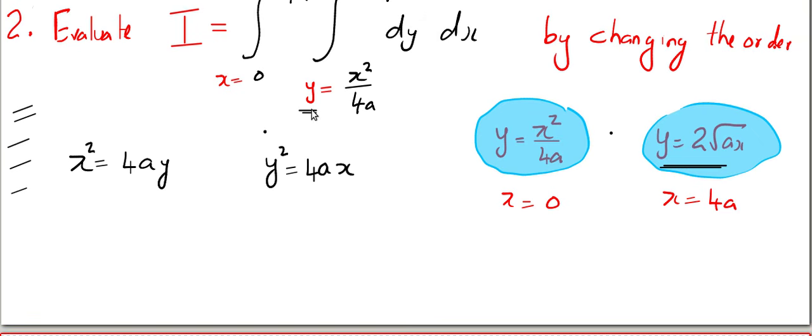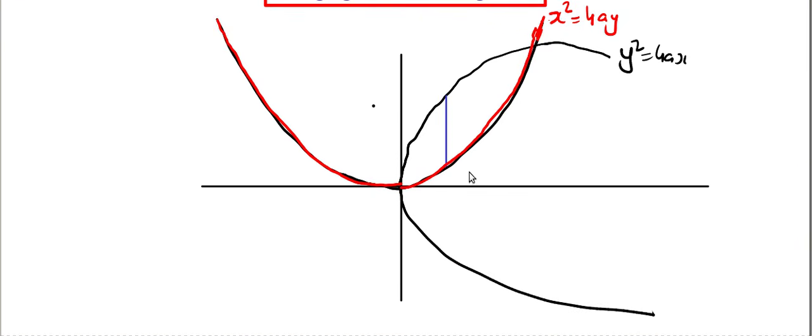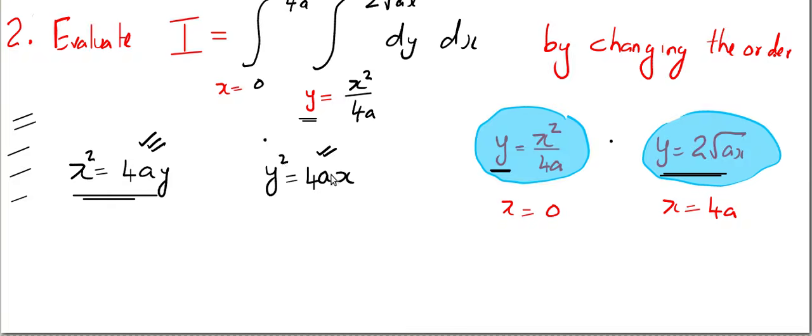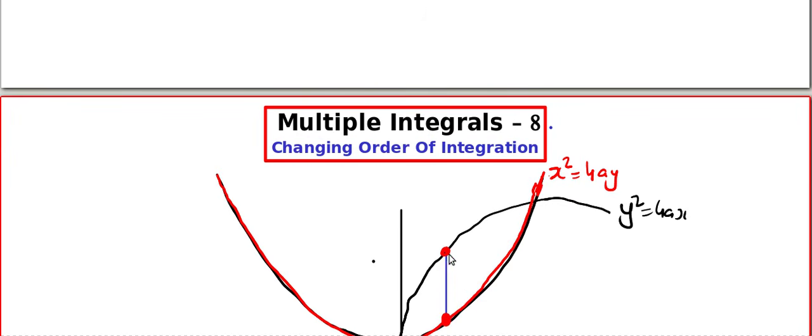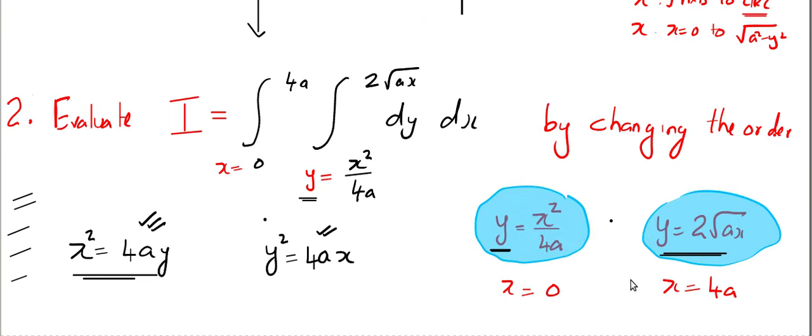This limit tells me y varies from this parabola to this parabola. Now x square equal to 4ay means, yeah. So you can see that very clearly the strip is vertical and the bottom point of the strip is x square equal to 4ay and the upper point of the strip is y square equal to 4ax.